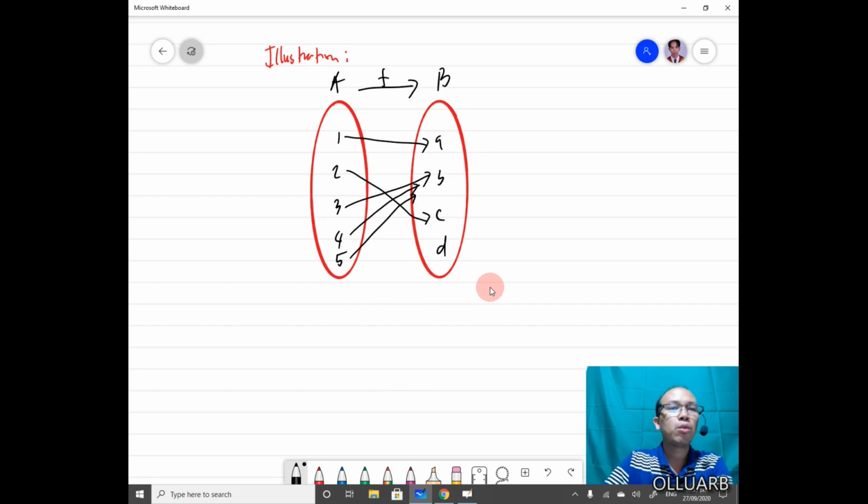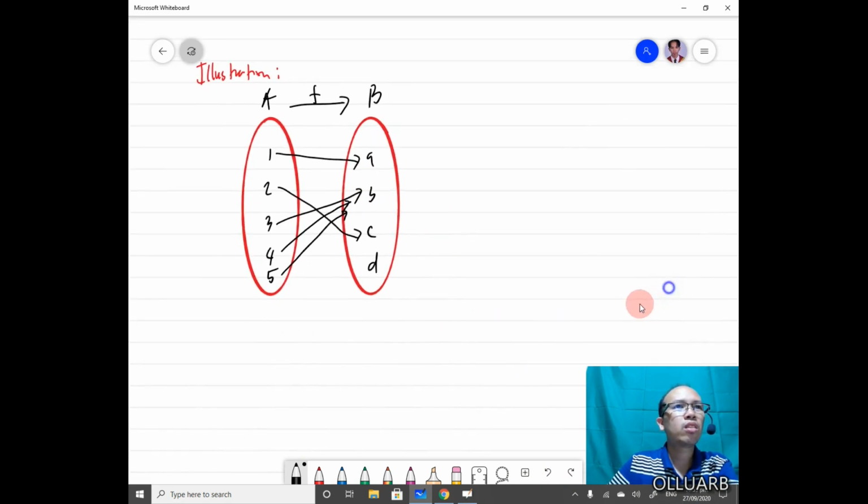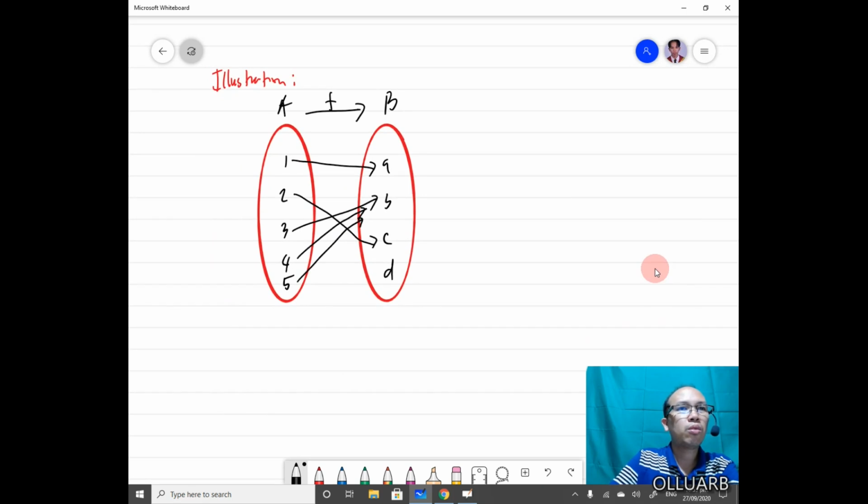However, if you try to write this as a set of ordered pairs, this will become 1a. What if all you have to do is to switch? In reverse, so what if the range, let's try to copy this one. Let's paste another one. What happened?